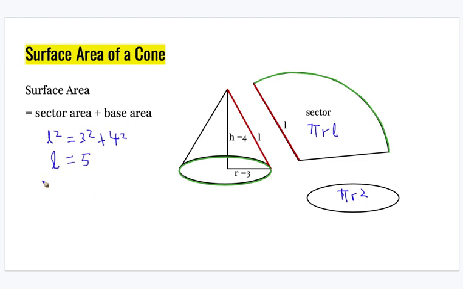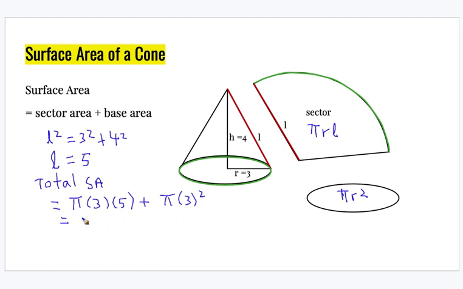So now the total surface area is pi r L, which is pi, r is 3, and L is 5, plus the base, pi 3 squared.